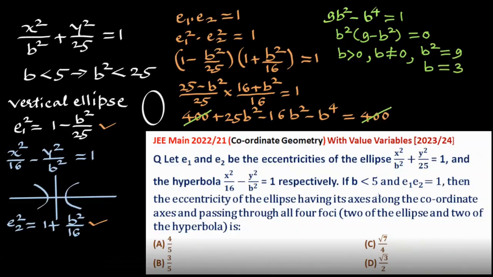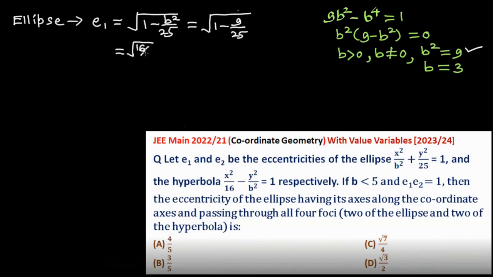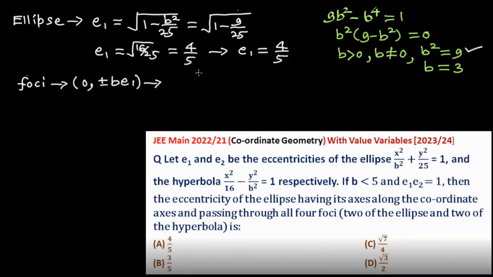Now we will find the coordinates of the four foci. For the ellipse, we have e1 equals square root of 1 minus b square upon 25, square root of 1 minus 9 upon 25, square root of 16 upon 25, 4 upon 5. So e1 is 4 upon 5. Its foci will be 0 comma plus minus b e1 equals 0 comma plus minus 5 into 4 upon 5.